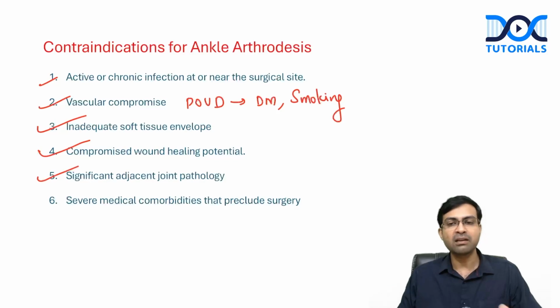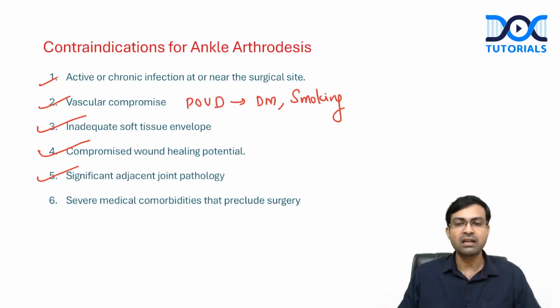The ankle, the hip, and the spine will be maximally affected. So, if in a particular patient the foot and the hind foot is already involved, or the knee is arthritic, in those conditions, it is wise not to do an ankle arthrodesis. Now, there are certain conditions where the patient is medically unstable or not fit for surgery. In those conditions also, we can skip doing this surgery.